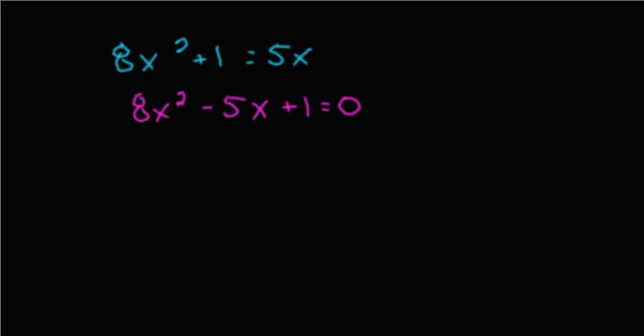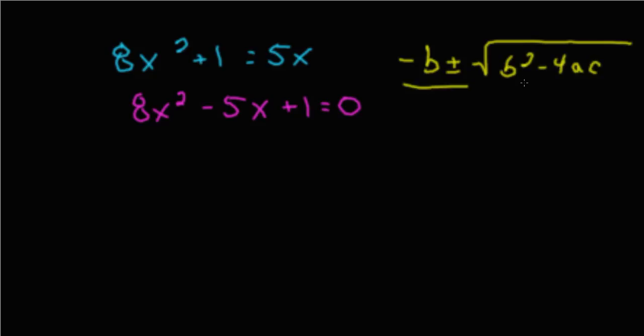And again, we'll come over and we'll write our quadratic equation. You do it often enough, you'll have it memorized. Negative b plus or minus square root of b squared minus 4ac all over 2a. So, in this problem, a is positive 8, b is negative 5, and c is 1.